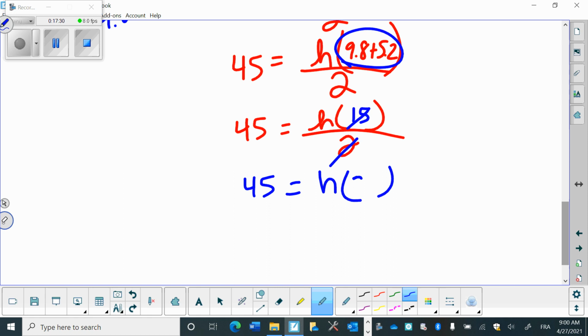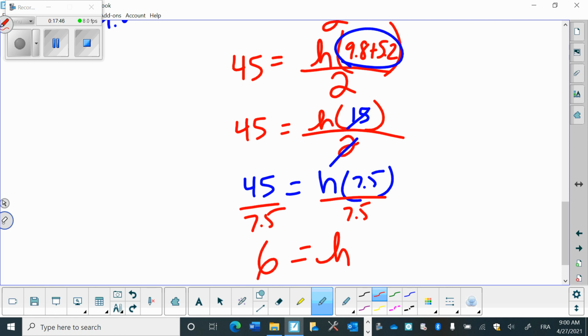Height times 7.5. Your last step, divide each side by 7.5. Your height in this case, 45 divided by 7.5. It actually gives you a perfect height of 6. And that's it for this video.